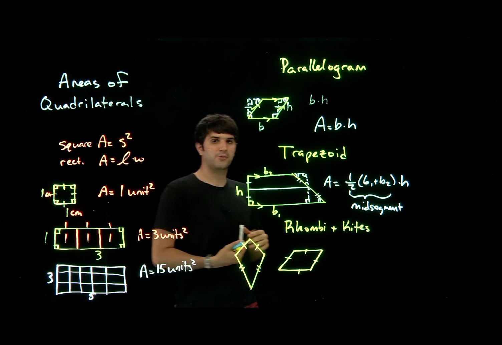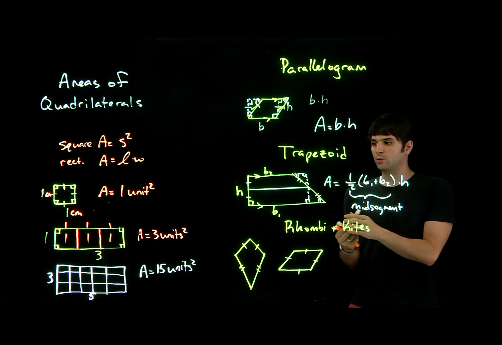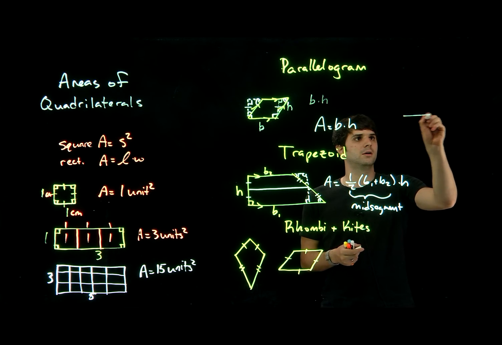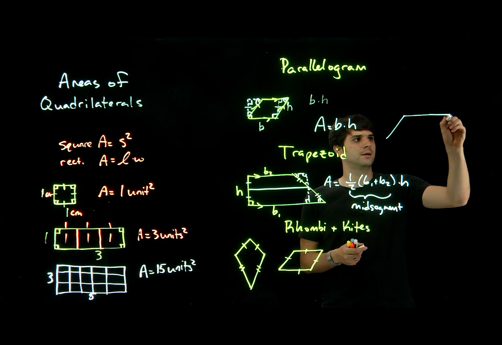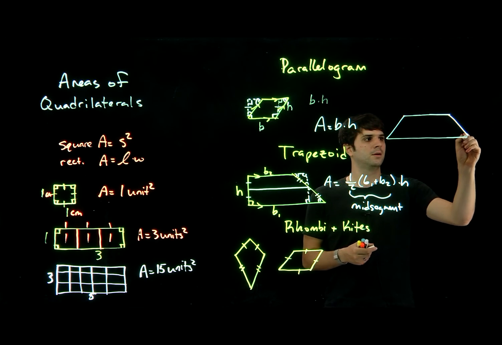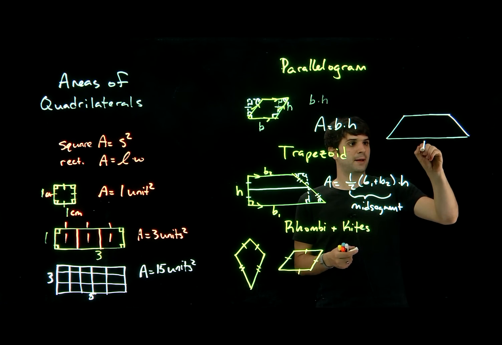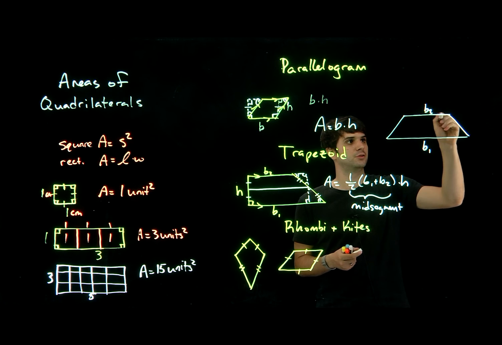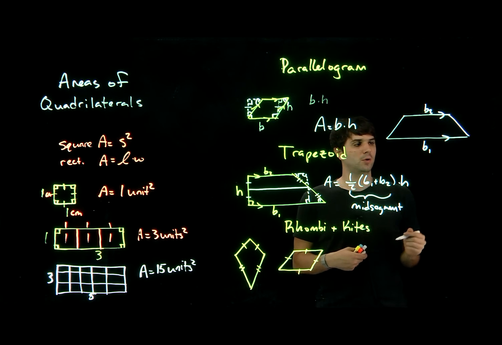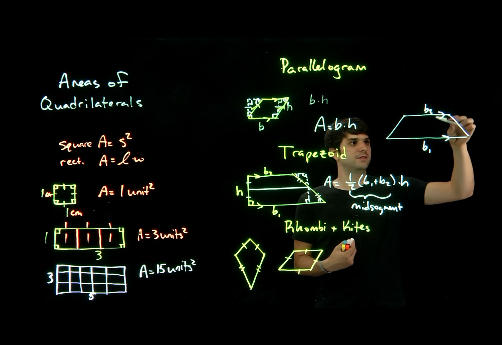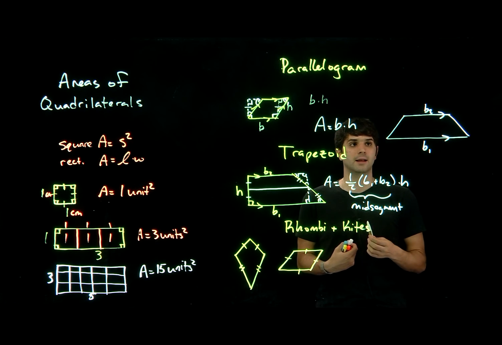So let me look at another example here, because this one is not the only type of trapezoid we see. I want to come up here and quickly draw another trapezoid and see would this same rule apply. Okay, so we have this base 1, base 2, trapezoid. We know the definition of a trapezoid is that these two bases are parallel.